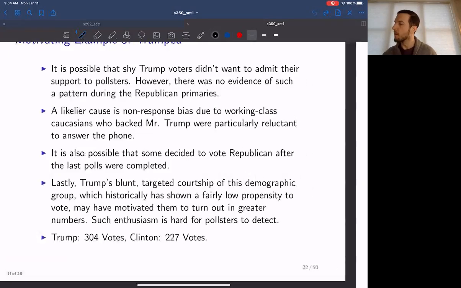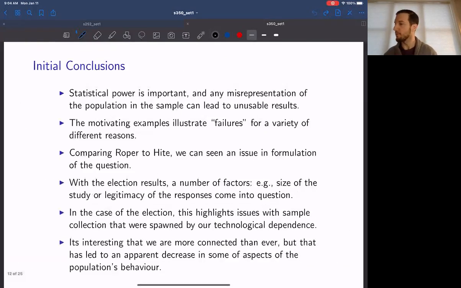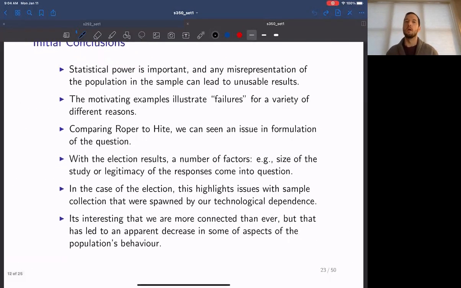All right, so from the Stat 350 point of view, what we are using these examples to do is motivate our study of survey sampling techniques in general, and to illustrate why these would be beneficial to us as we go out to collect data, so that we can make inferences about a population.